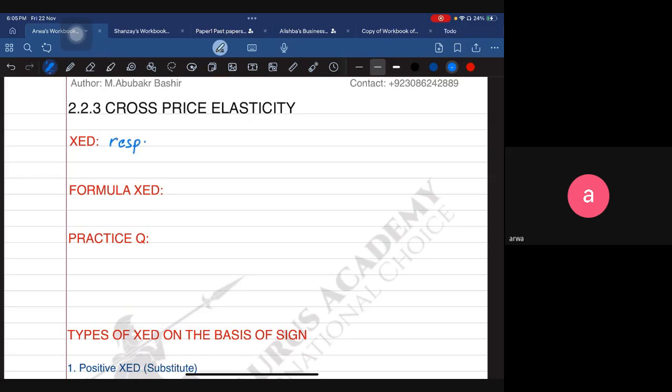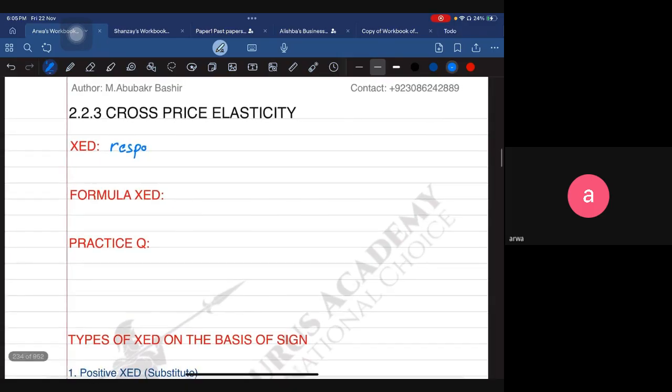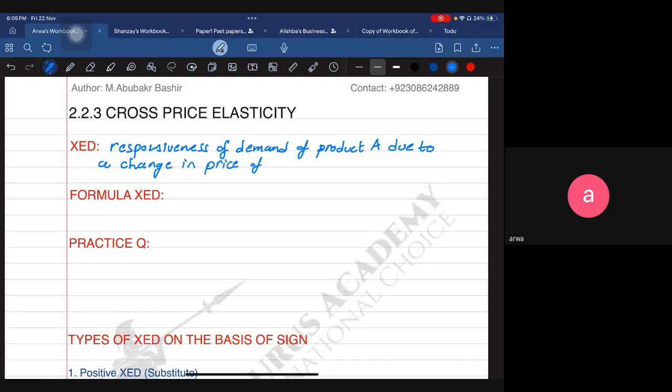So I usually write it like this: the responsiveness of demand of product A due to a change in price of product B.